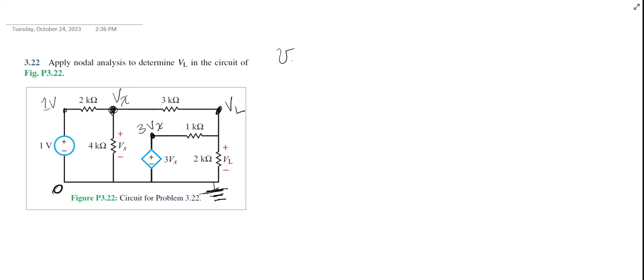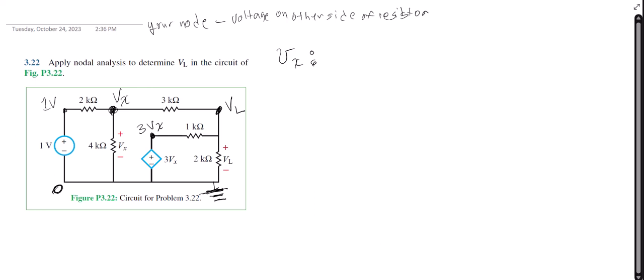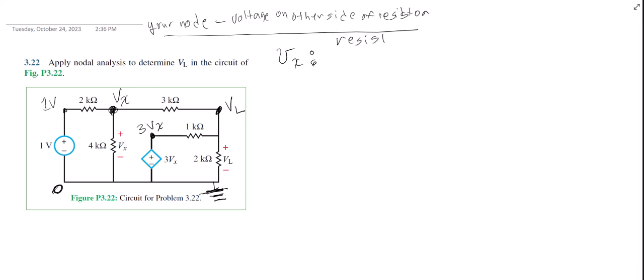The way you do nodal analysis is you start at the node that you're at, and this is using KCL, minus the voltage on the other side of the resistor, which you may have a number for, you may have another label for it, divided by the resistance, and that gets you the current.